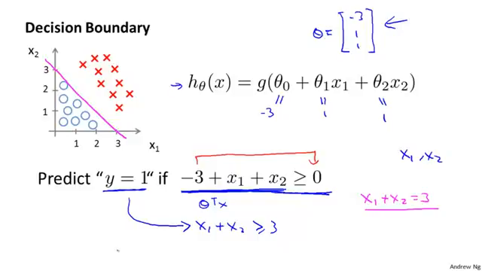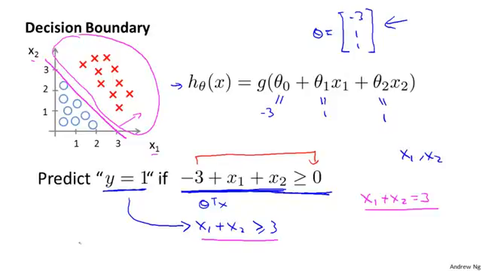So the part of the x1, x2 plane that corresponds to when x1 plus x2 is greater than or equal to 3, that's going to be this right half plane. That is everything to the upper right portion of this magenta line that I just drew. And so the region where our hypothesis will predict y equals 1 is this huge region, this half space over to the upper right.